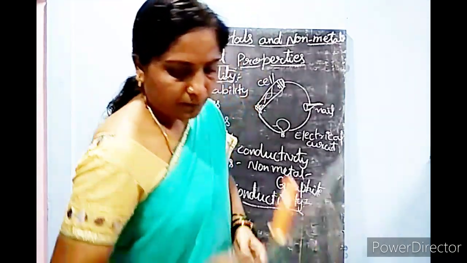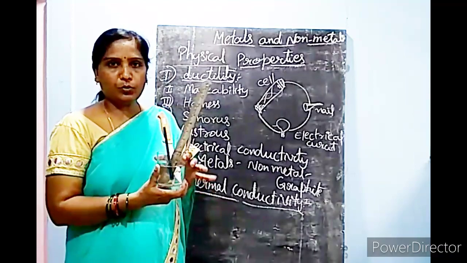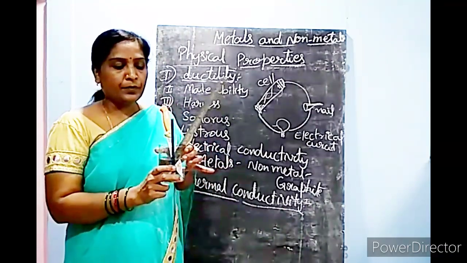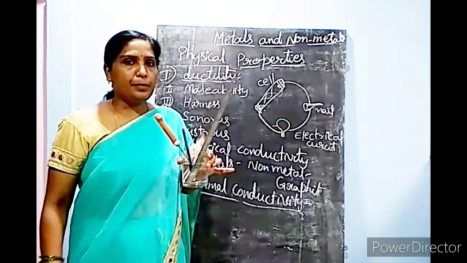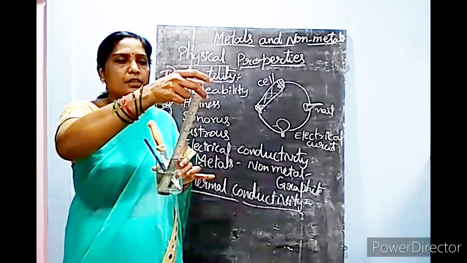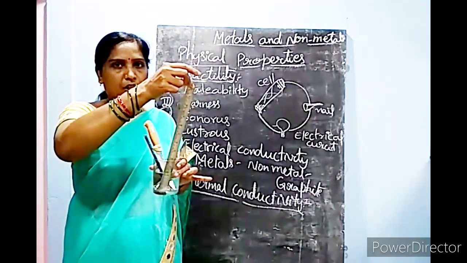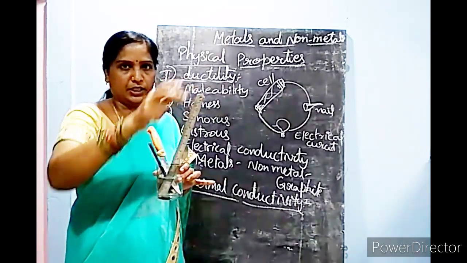So to understand this thermal conductivity, you take hot water in a glass and immerse some objects in this hot water. Keep it for 3 to 4 minutes and then hold the other end of these objects and find out which object is hot.